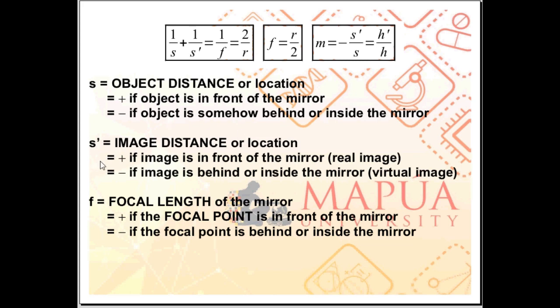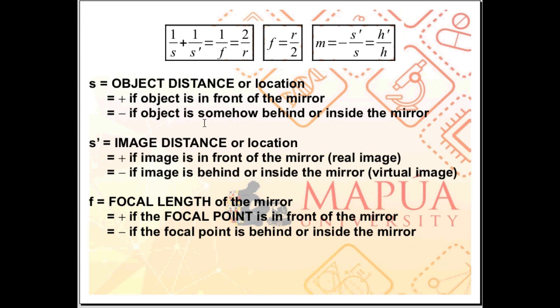S' is called the image distance or location. It's the location of the image, whether it's a real image or a virtual image, with respect to the mirror. S' is positive if the image is in front of the mirror. If S' is positive, you have a real image. Note, for a mirror, reflected light is in front of the mirror.